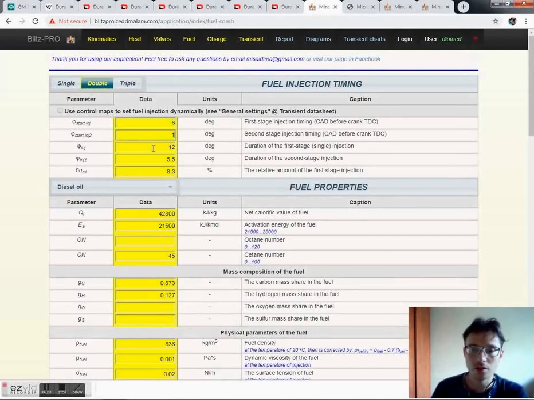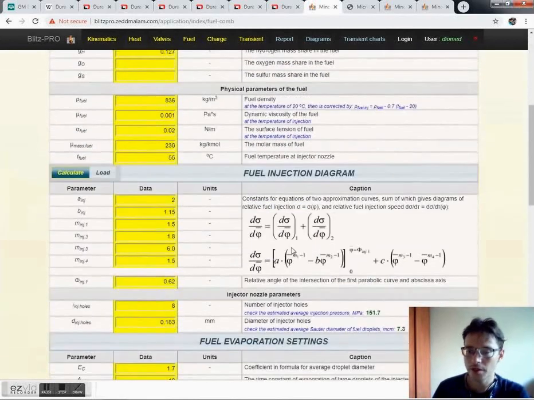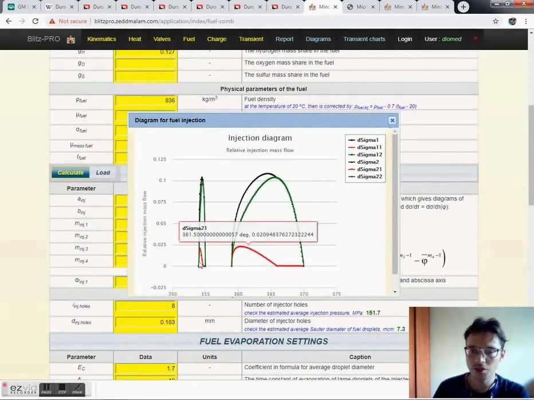So this small pilot fuel injection will be, I don't know, maybe 8% of the total. It lasts about 1 crank angle degree, and the other fuel is injected at the main stage. Here we can see the fuel injection diagrams: pilot injection and main injection.